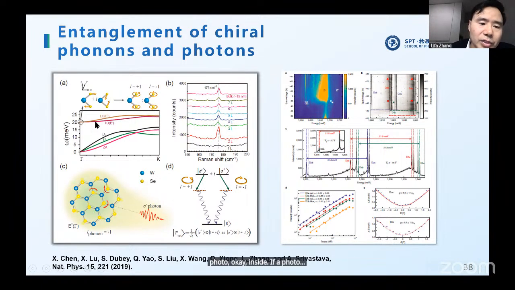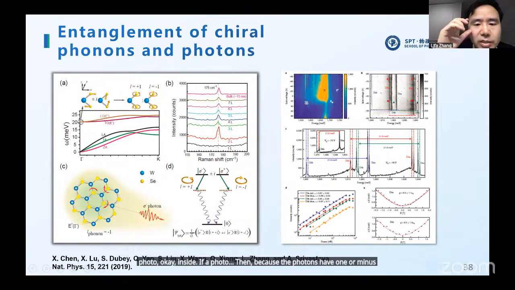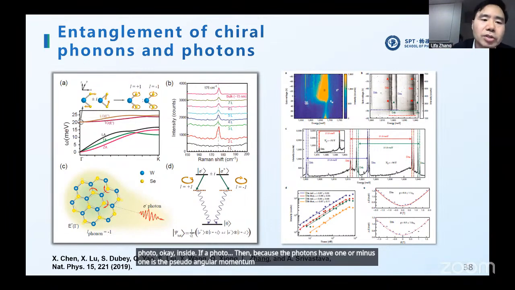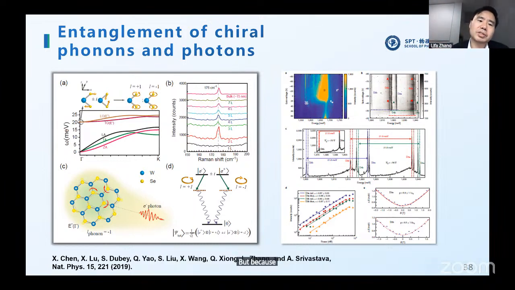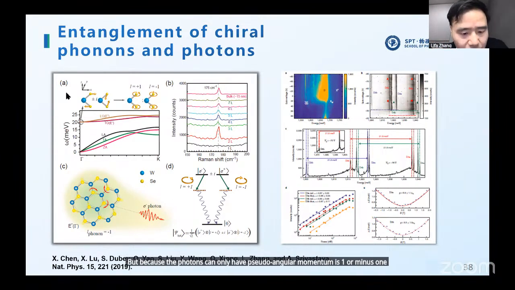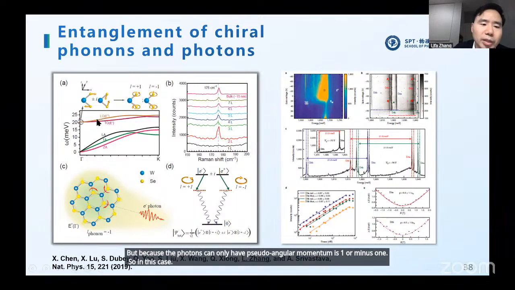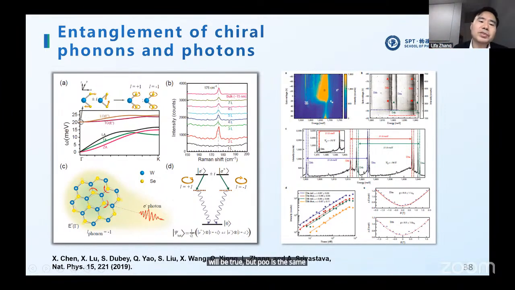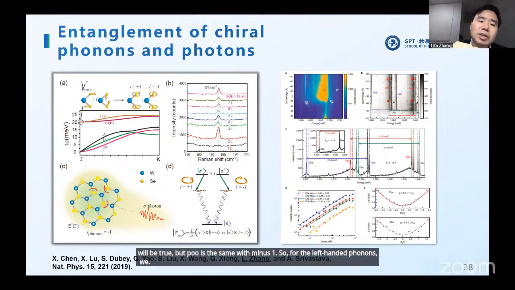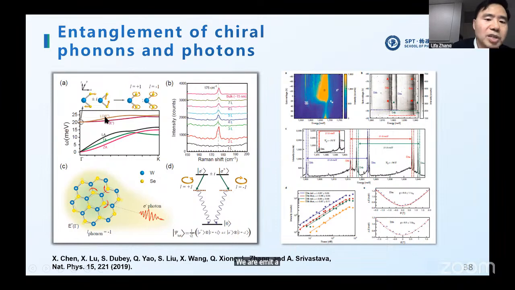If the photon is involved with the phonon, then because the photon has pseudo angular momentum of one or minus one, one minus minus one would be two, but two is the same as minus one. So for left-handed photons, we emit a phonon and a photon with minus one pseudo angular momentum.